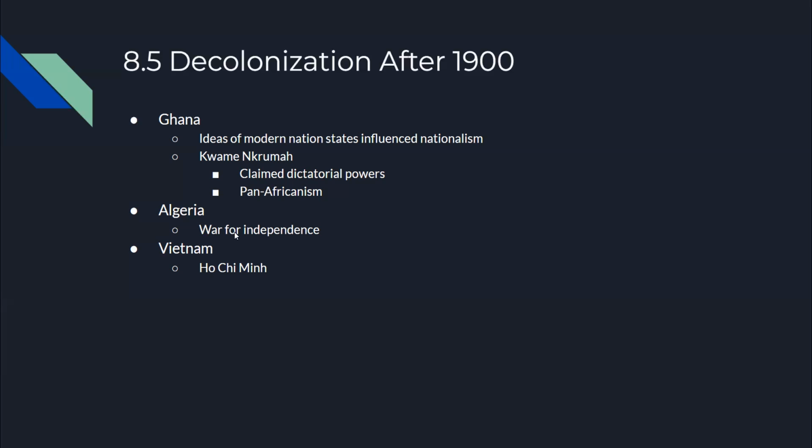And Vietnam, the last one. So basically, what happened in Vietnam was that you had a guy named Ho Chi Minh, who was a communist leader of North Vietnam, and he appealed to nationalist feelings to unite the country under a single communist government. However, France responded by attempting to reestablish its colonial rule, which then sparked the War of Independence that lasted until 1954.